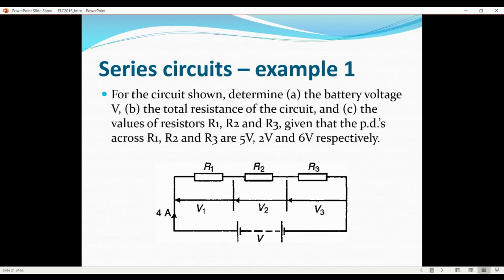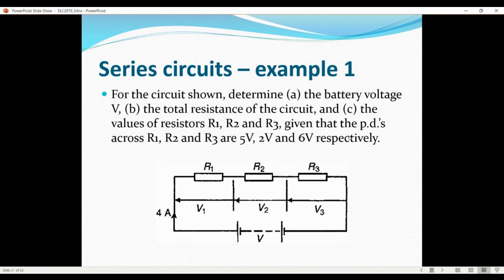So what I would like you guys to do: determine the battery voltage V, the total resistance of the circuit, and the values of the resistances, given the potential differences across R1, R2, R3 as 5, 2, and 6. I'll give you the total current on the diagram.